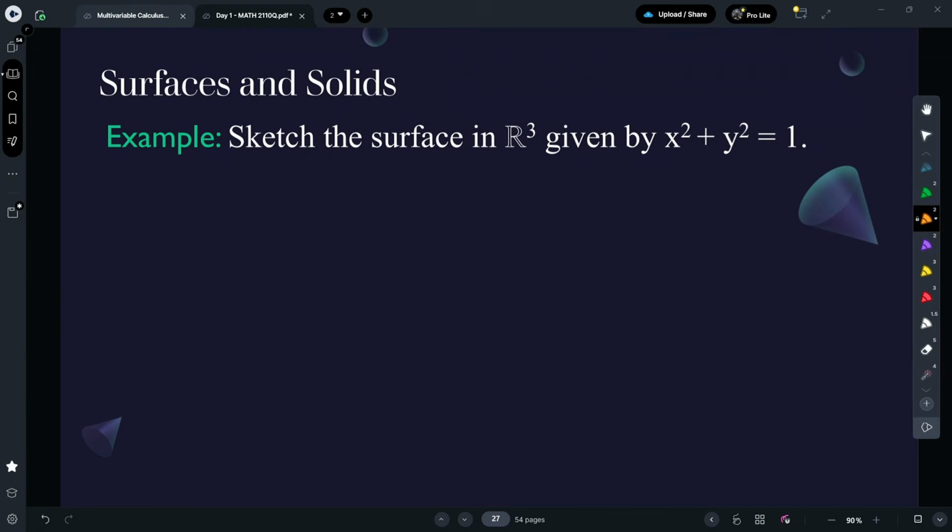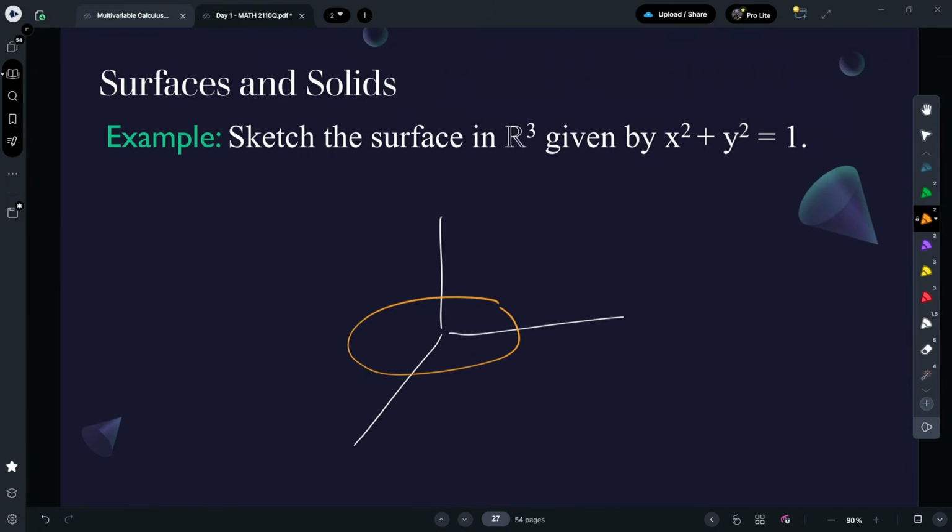So it's a circle if I forget there is a z, but we're in R3. It's a cylinder because what happens here is that the x and y coordinate have to satisfy the equation of a circle of radius 1. So that is the cross section with z equals 0.